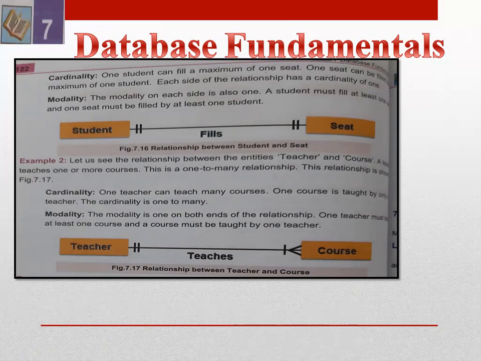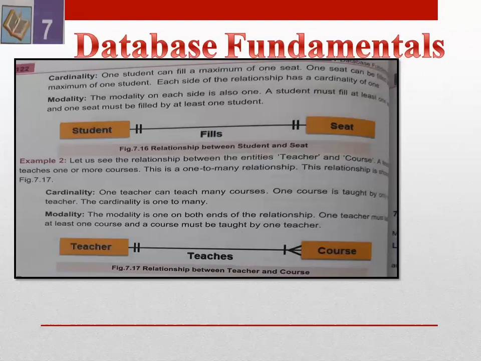A student has one seat. The cardinality: one student can fill a maximum of one seat, and one seat can be filled by a maximum of one student. Each side of the relationship has a cardinality of 1.